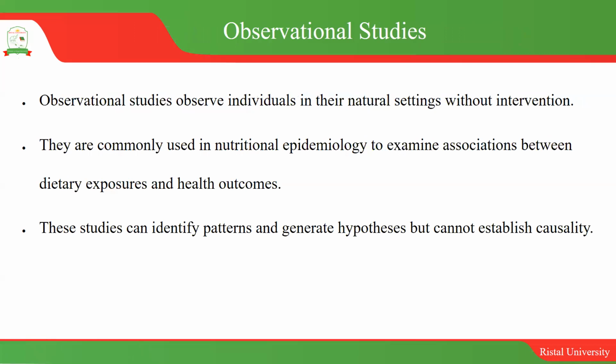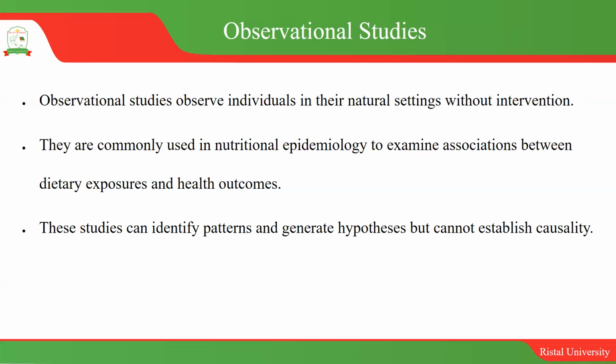So generally, we can say that we have two broad categories of research designs: the interventional research designs and then the observational research designs. It is very often that we carry out observational research designs.